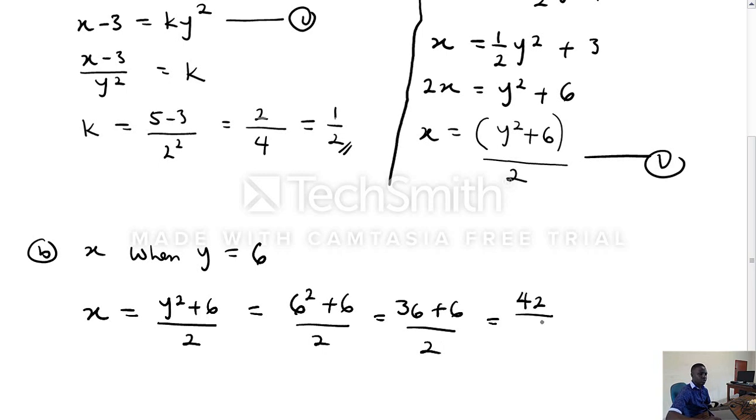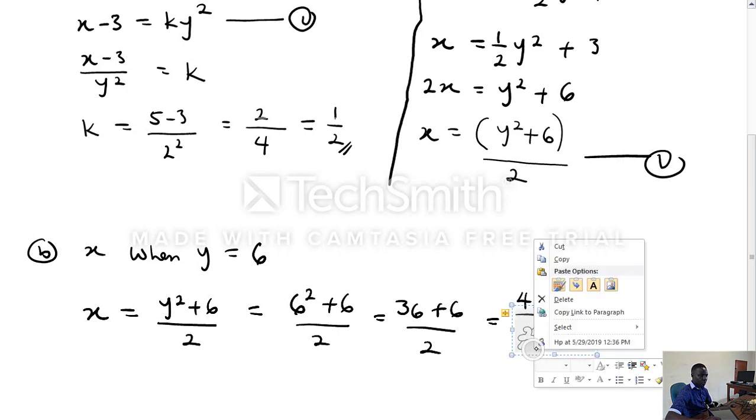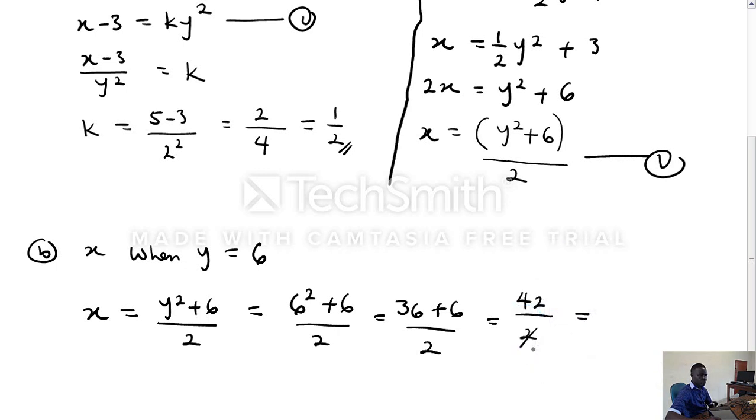So 42 divided by 2, since 2 is a factor that can divide 2 and 42, we'll use it. 2 into 2 is 1, 2 into 4 is 2, and 2 into 2 is 1, so that our answer is equal to 21. So when y is equal to 6, our x is equal to 21.